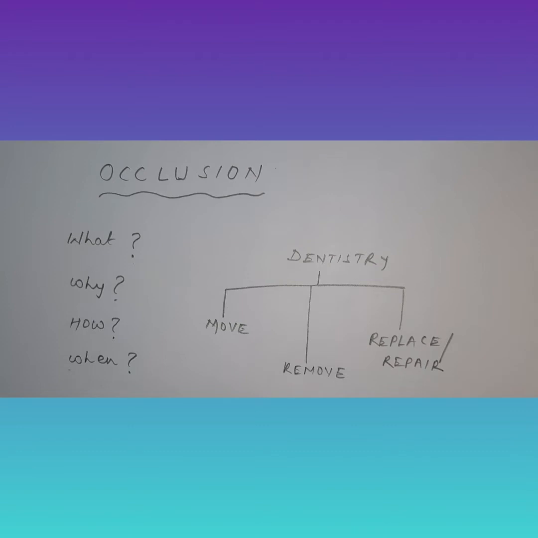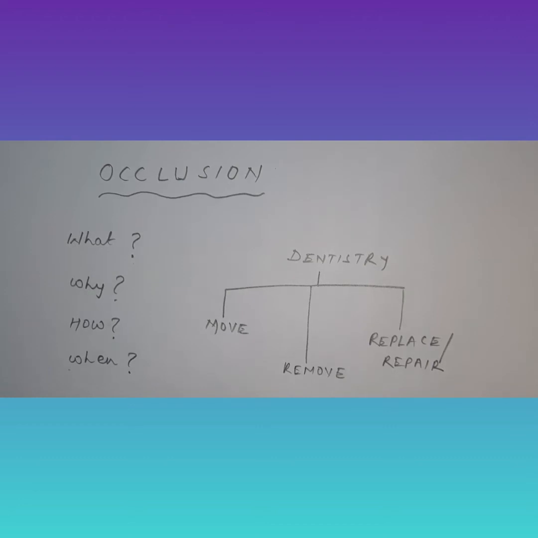Removal of enamel, dentine, tissues, bone, tooth, all this is involved, and then we replace it with bone grafts, with restorative material, with porcelain, with dentures, that's acrylic. So there are a variety of materials, and this is entirely dentistry. And neither of this will be possible if you don't consider occlusion. So occlusion has a very important role to play in dentistry as such.